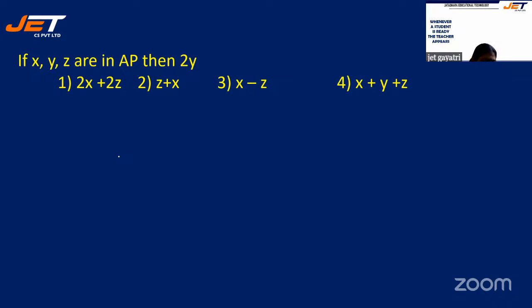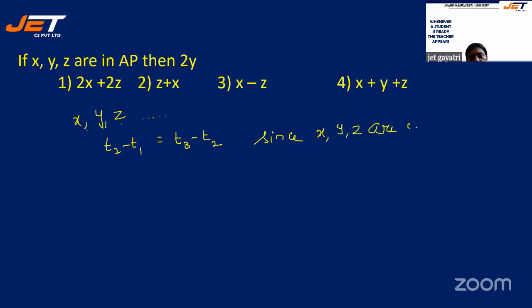All right. So here we have x, y, z. So they are in AP, right? Then what does it mean? T2 minus T1 should be equal to T3 minus T2, because x, y, z are in AP. So y minus x is equal to z minus y.